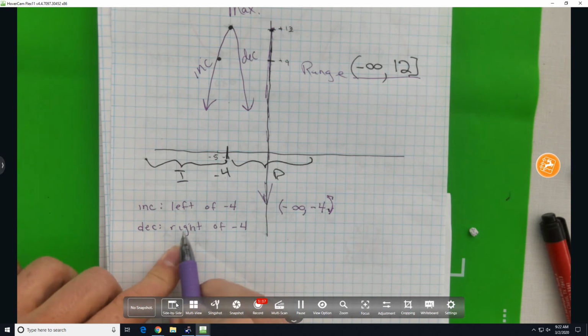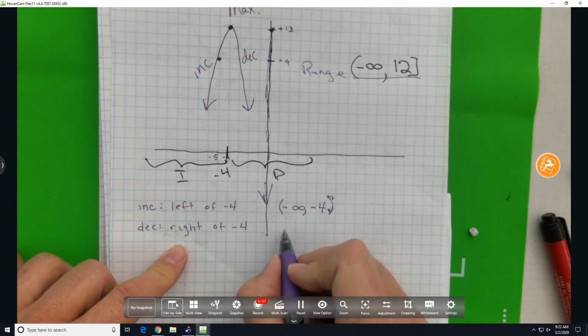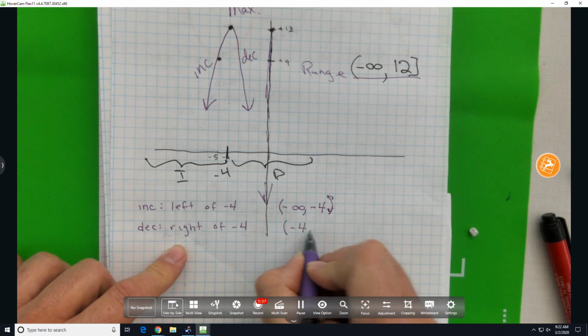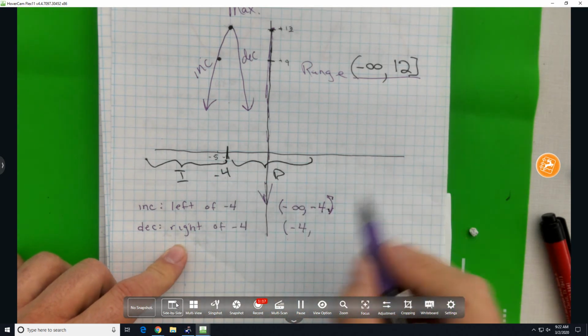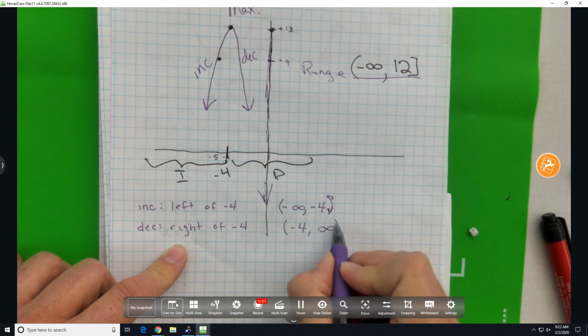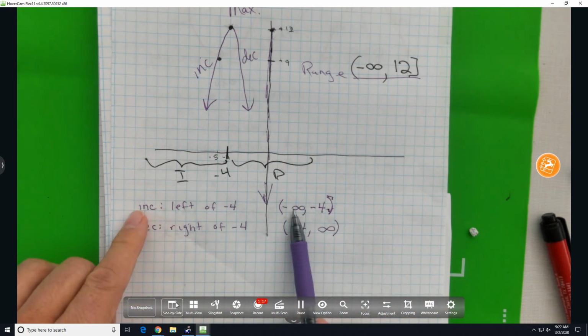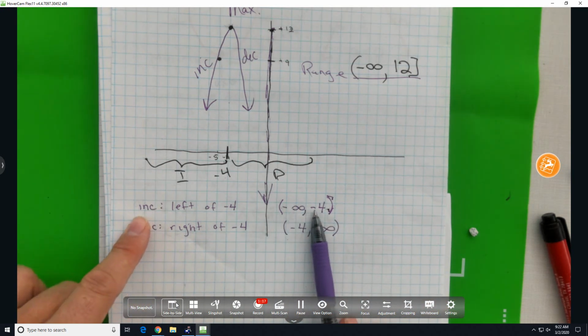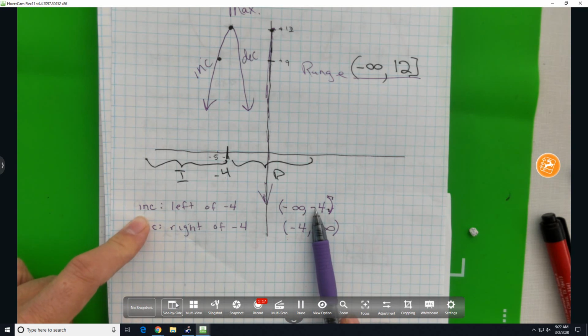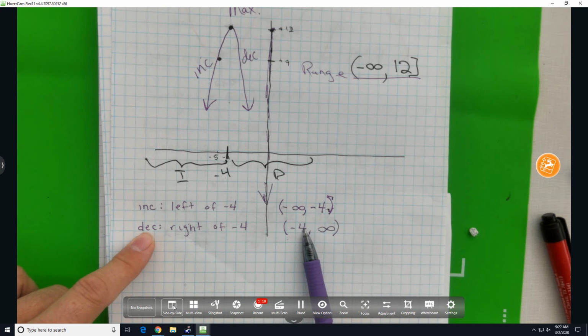Now, what about to the right of -4? It would be -4 to infinity. So it's increasing to the left of -4, or from negative infinity to -4. It's decreasing to the right of -4, from -4 to infinity.